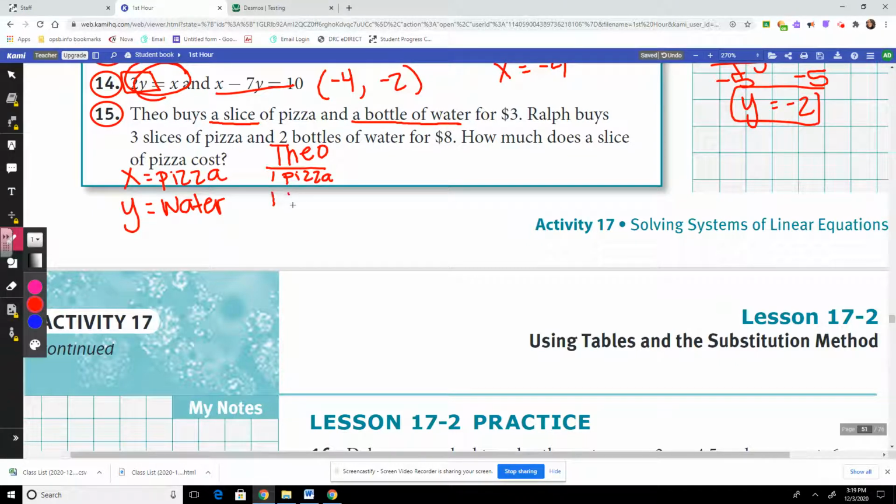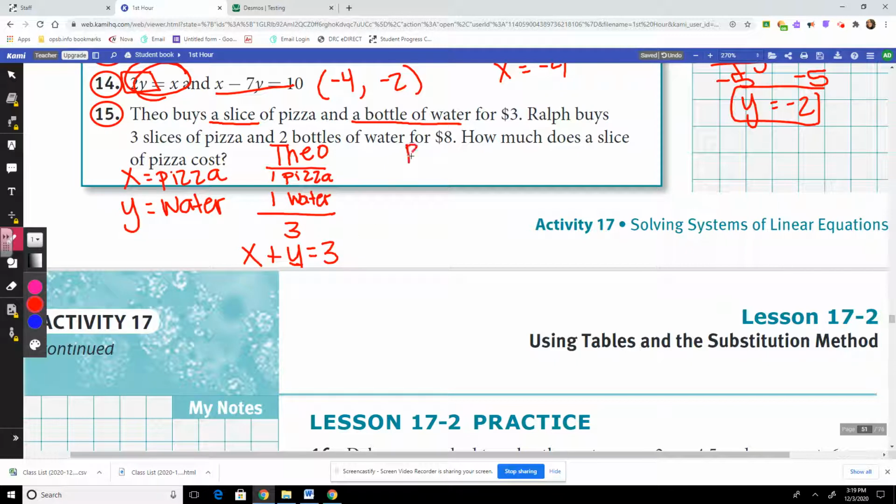And how much money did he spend altogether? He spent $3. So how can we write that as an expression? Well, we can say he bought 1 piece of pizza, X, and 1 bottle of water, Y, for a total of $3. So X plus Y is $3.